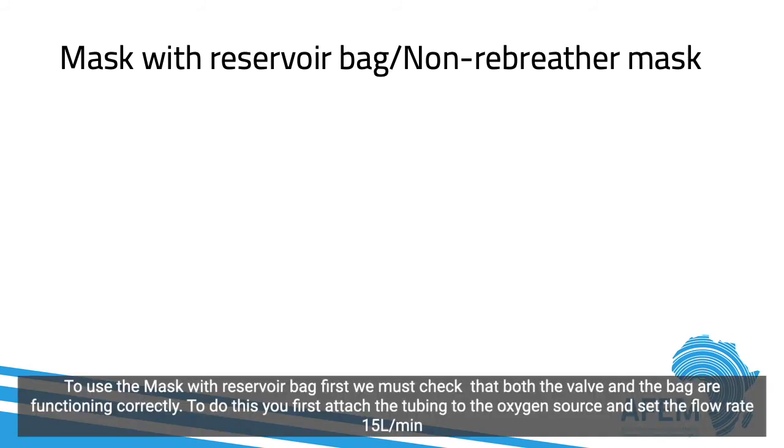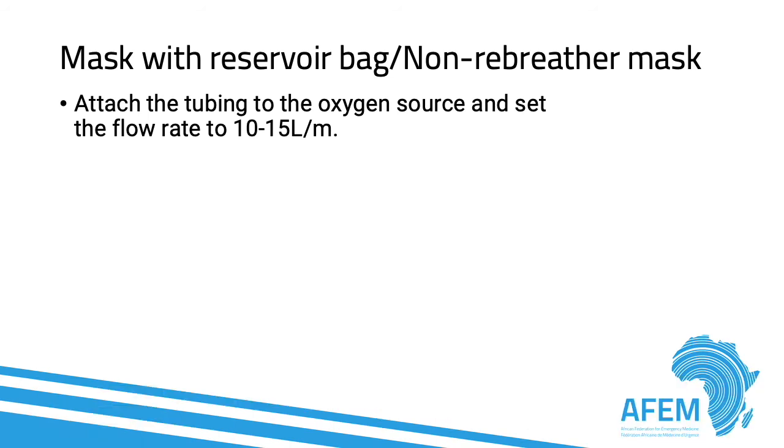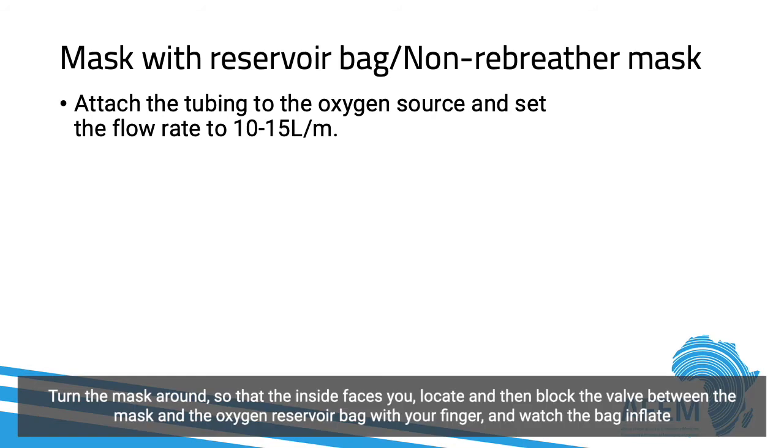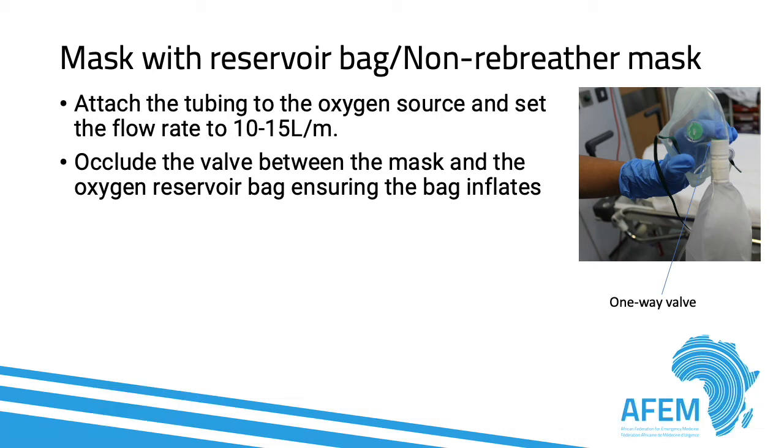To use the mask with Reservoir Bag, first we must check that both the valve and the bag are functioning correctly. To do this, you first attach the tubing to the oxygen source and set the flow rate at 15 liters per minute. Turn the mask around so that the inside faces you, locate and then block the valve between the mask and the oxygen reservoir bag with your finger and watch the bag inflate.